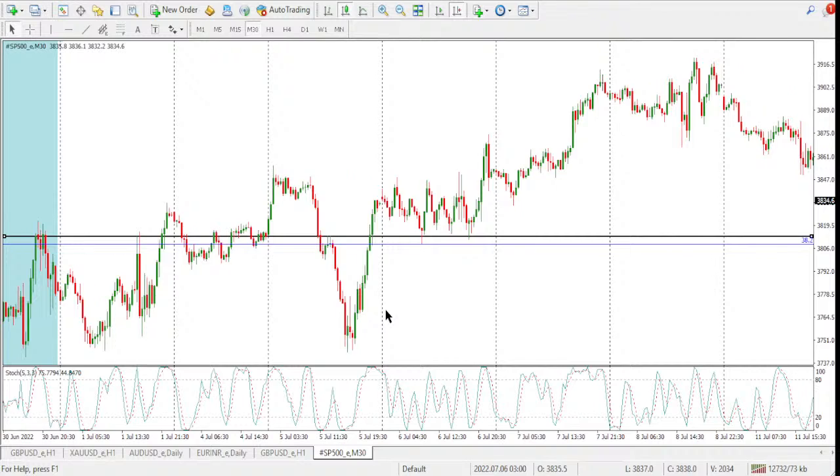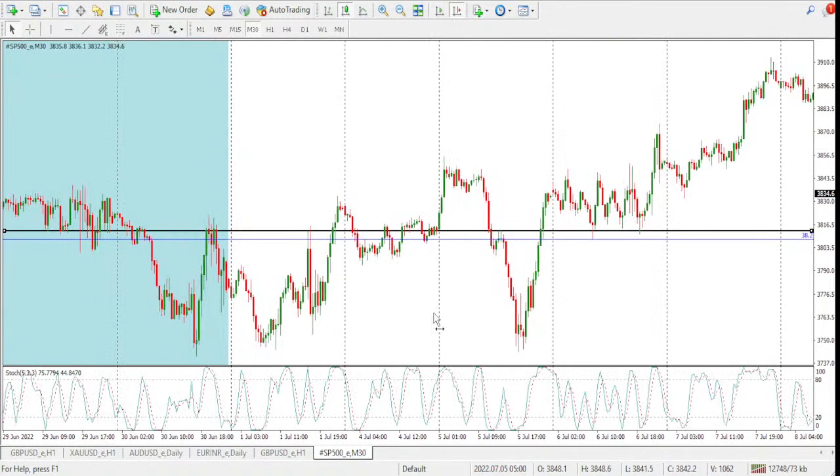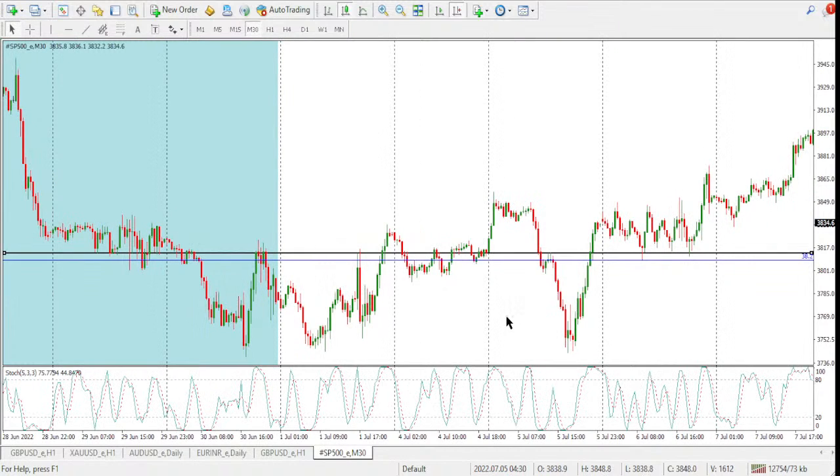So let's see. Let's get another example. Okay, there's another one here. You can see the stochastic is here, the price is there. So the price went down to that point, and then the stochastic remained in the same point.